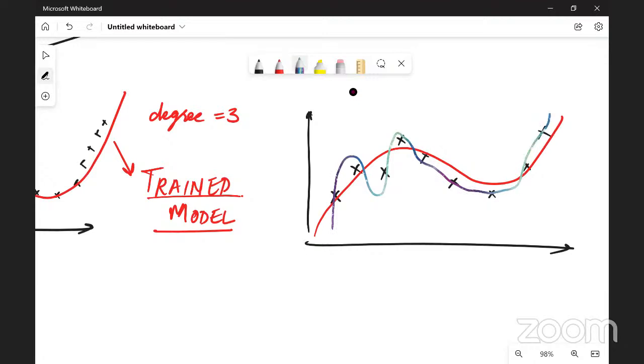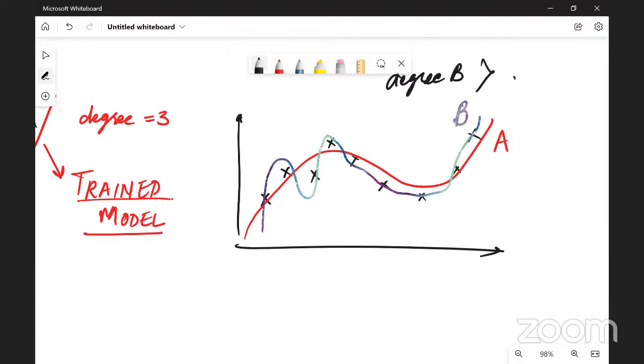Do you agree? Right, so this model A is just about right. This model B, forgive the colors, is overfitting. The reason for B to overfit this data set is that the degree for B is much higher than the degree of A.